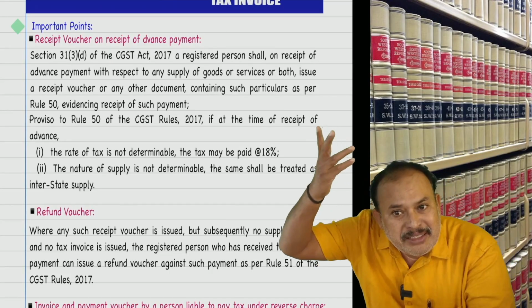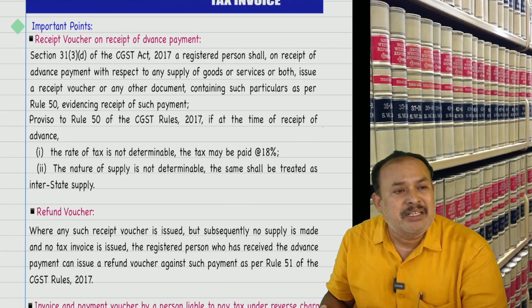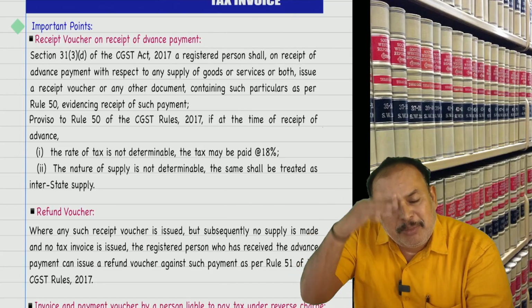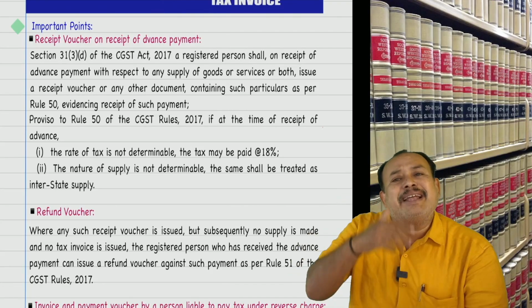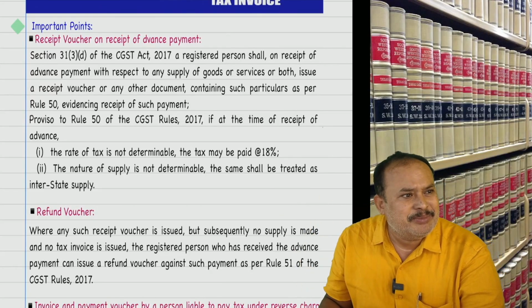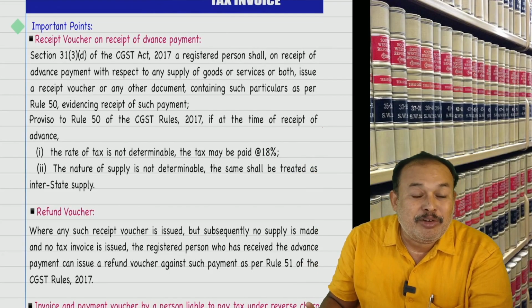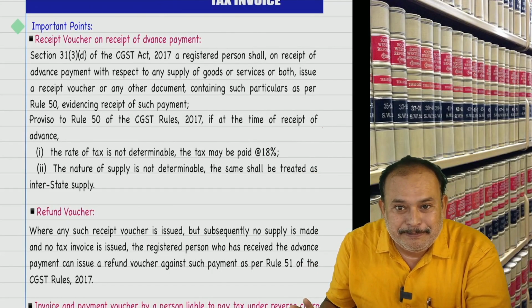Payment is in advance, in the month of April. Let us say 10 lakhs is received from many students, on which they pay the GST by 20th of May, 1.8 lakhs.